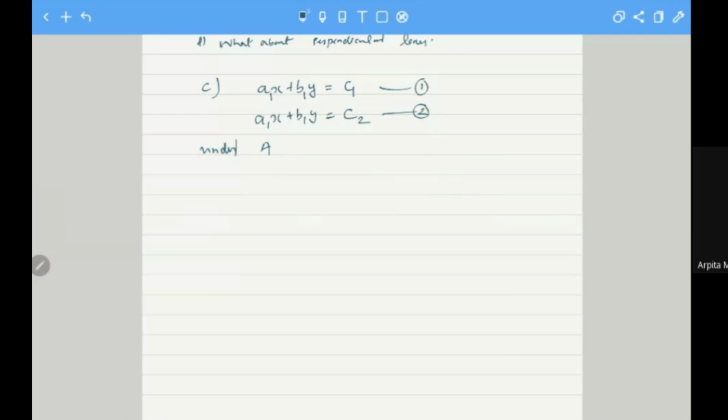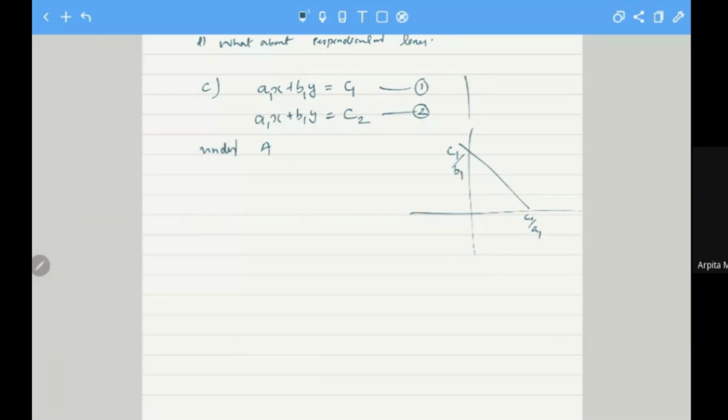Okay. So again, if A1 x plus B1 y equal to C1 and A1 x plus B1 y equal to C2, basically the line will be like this. This is C1 by A1, this is C1 by B1.